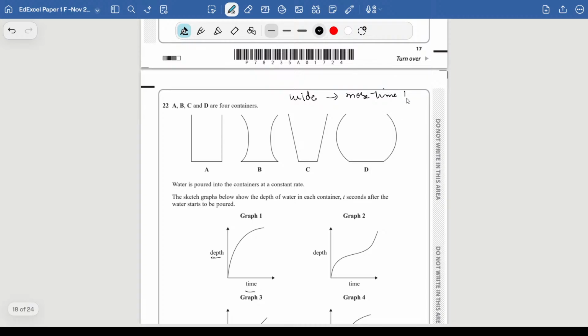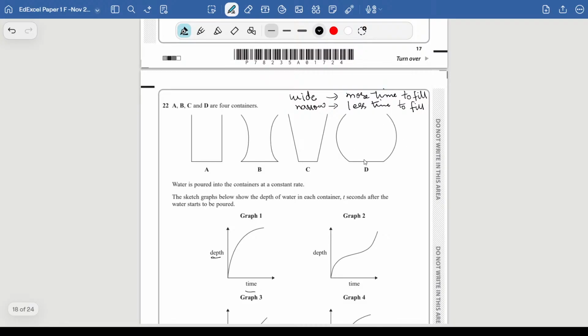And if it's narrow, like in this case, if the base is narrow, the water gets poured quickly and it takes less time to fill. This is the general understanding we have.